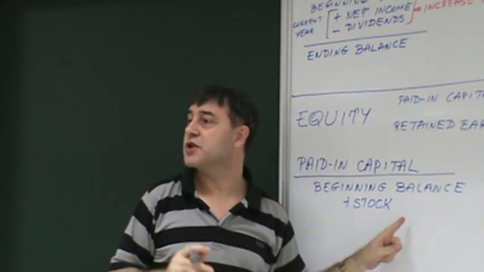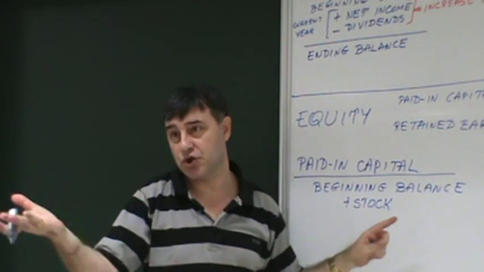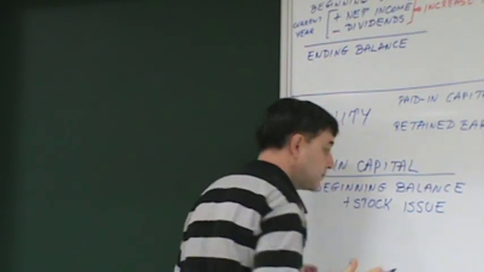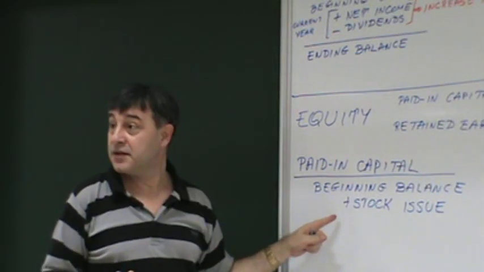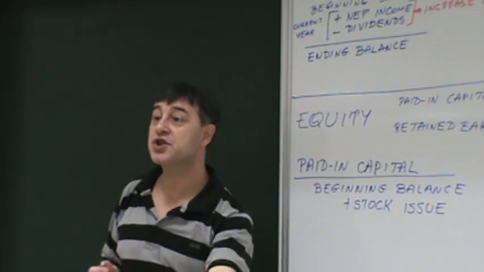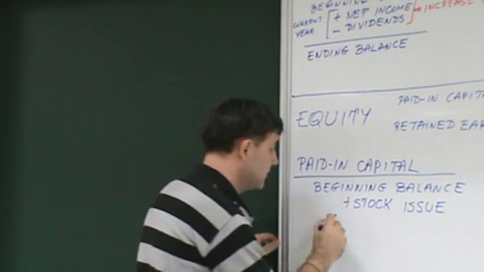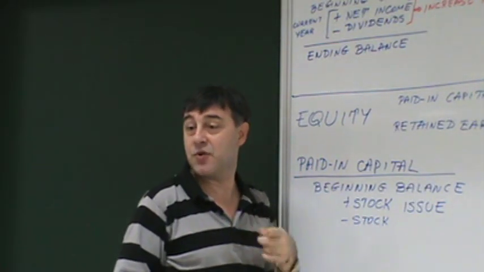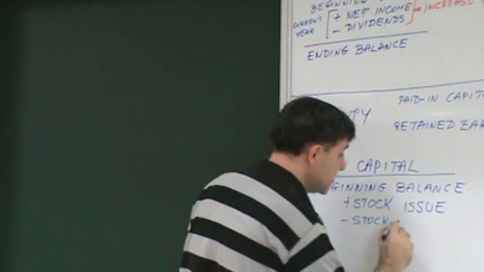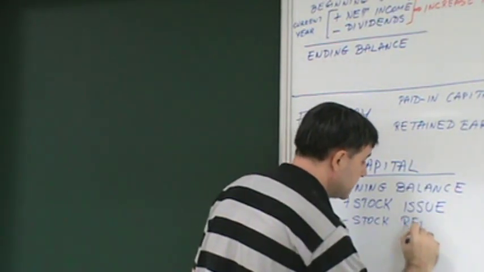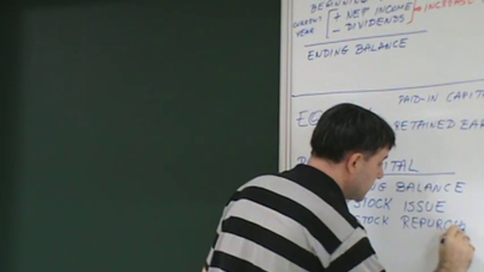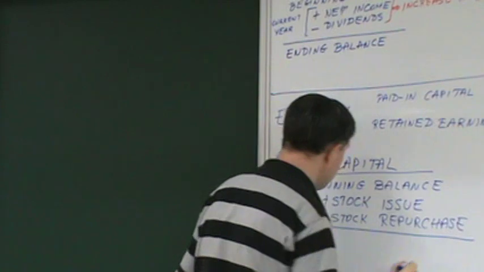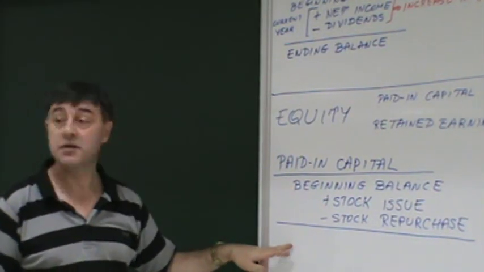Sometimes they like to call it stock issuance or stock issue. It's the same thing. And you will subtract if you have a stock buyback. Also, I explained it last time, called stock repurchase. Stock repurchase. And this simply gives you ending balance.